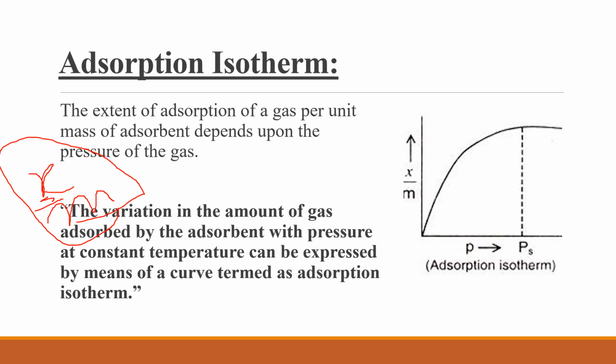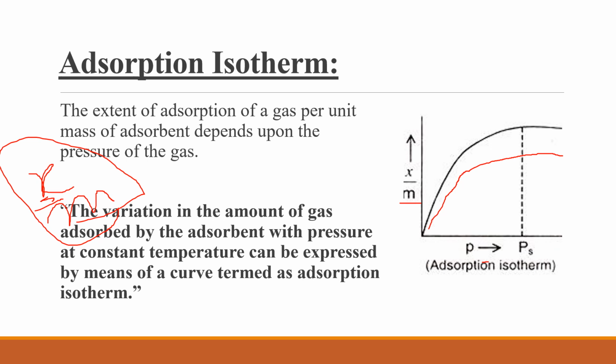If we draw a graph of extent of adsorption x by m against pressure P, we will see that on increasing the pressure, the extent of adsorption increases. But at a certain pressure, on increasing the pressure, the extent of adsorption now remains constant.